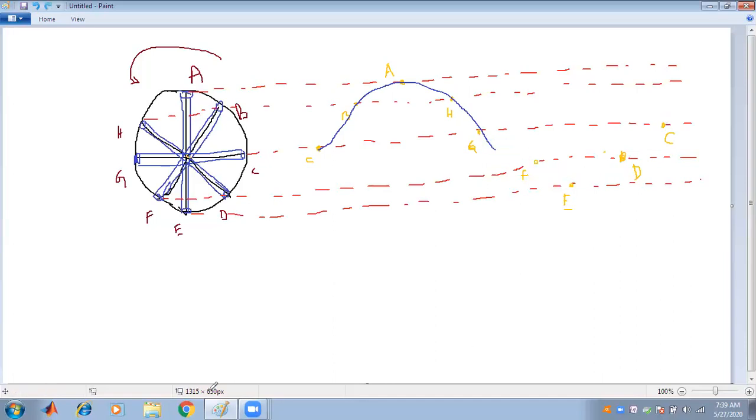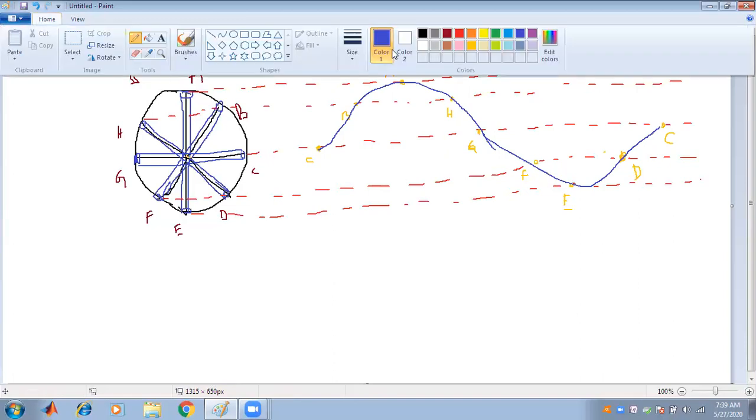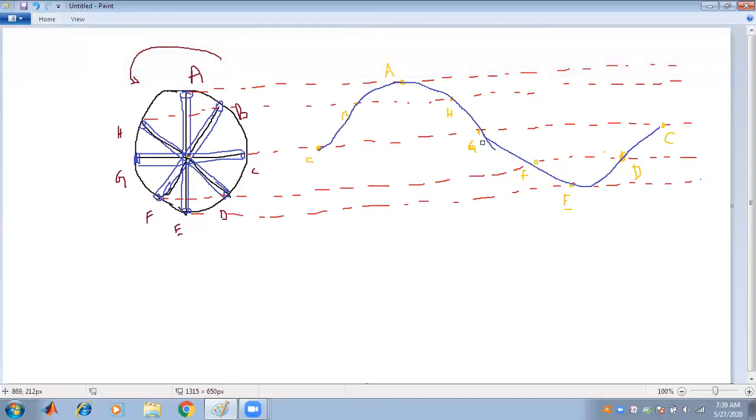If I draw those points, it will generate a sine curve. This is the way I can say that is the generation of the sine curve.